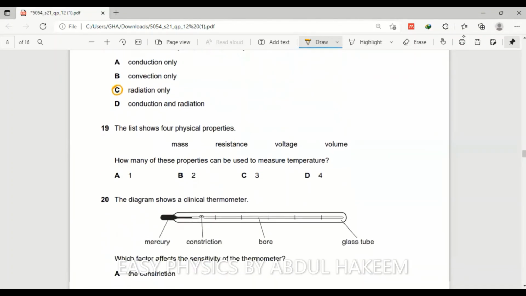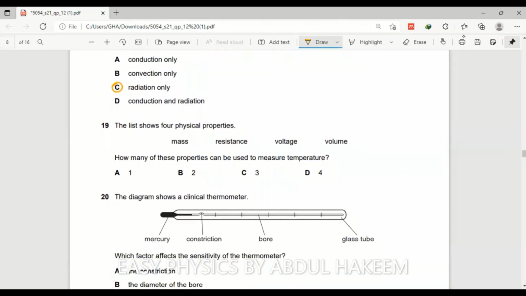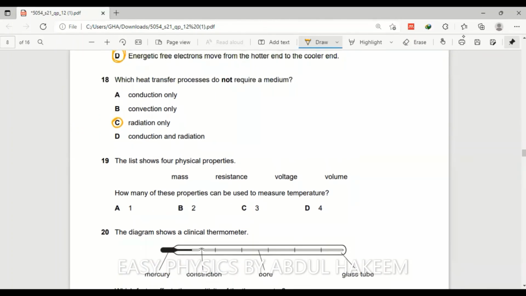Next, the list shows 4 physical properties. How many of these properties can be used to measure temperature? So these are called thermal properties of a substance. And they are, number 1, length. Number 2, volume. Number 3, pressure. Number 4, electric resistance.